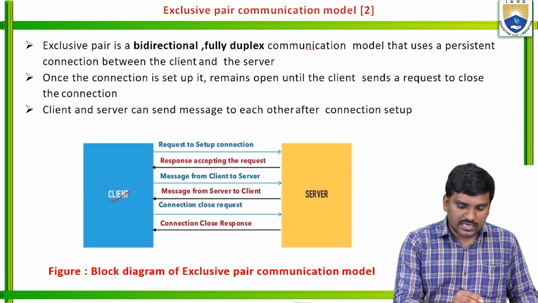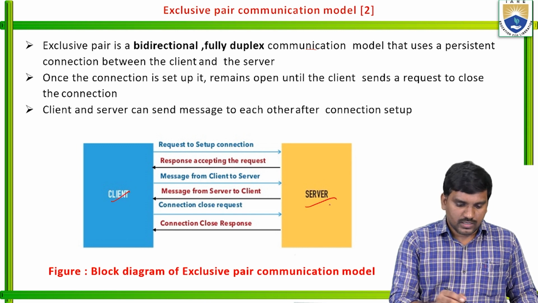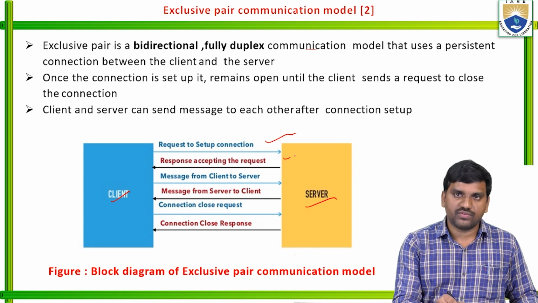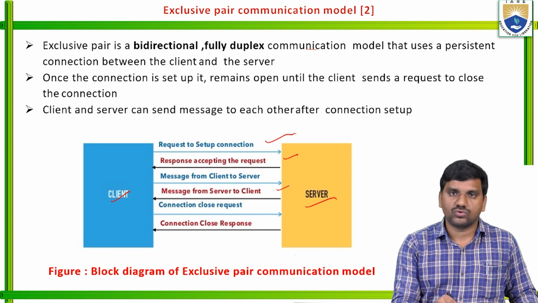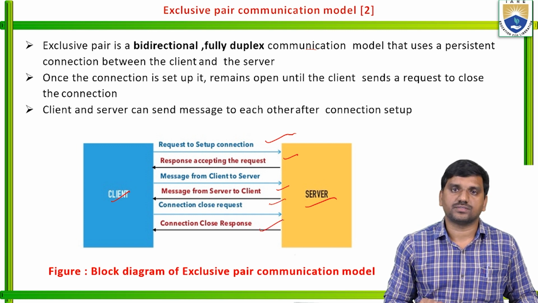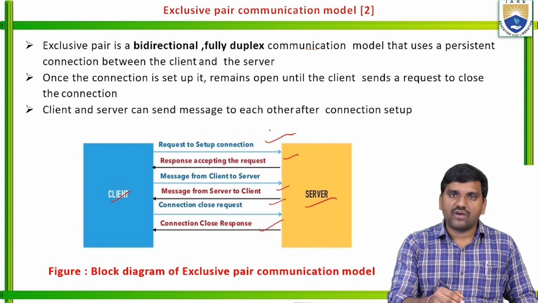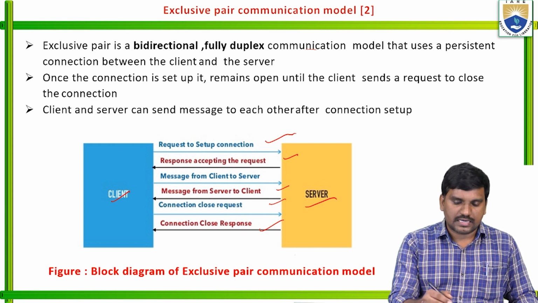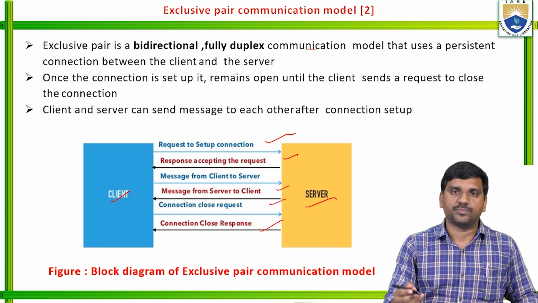So this is the client, this is the server. Request to set up a connection, response accepting the request, message from the server to client, connection close request, connection close response. So these are the ways of communication going between client and server in the exclusive pair communication model.